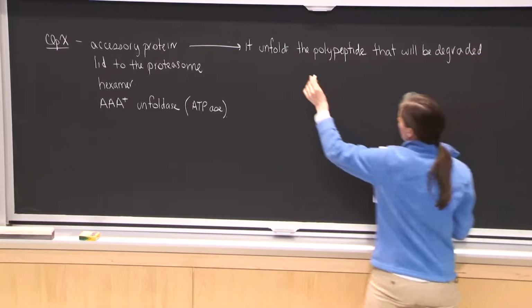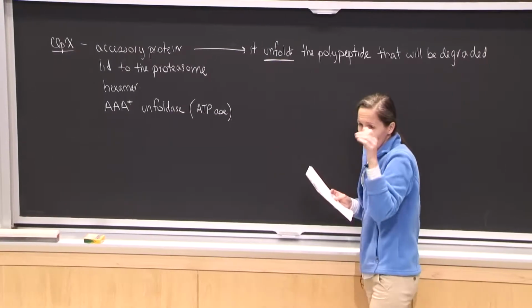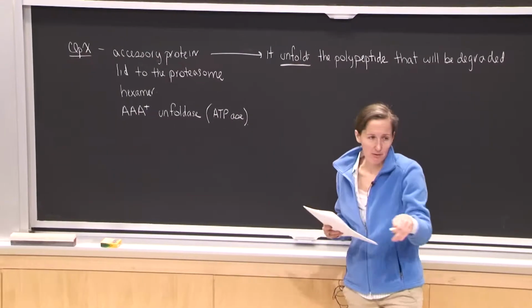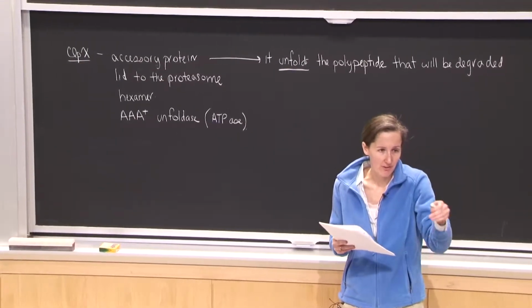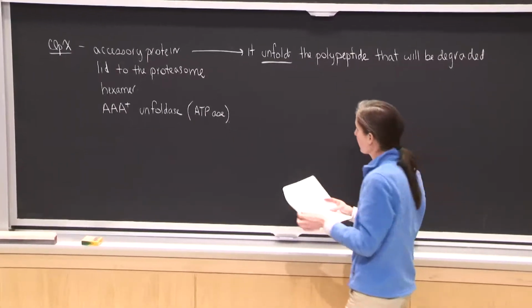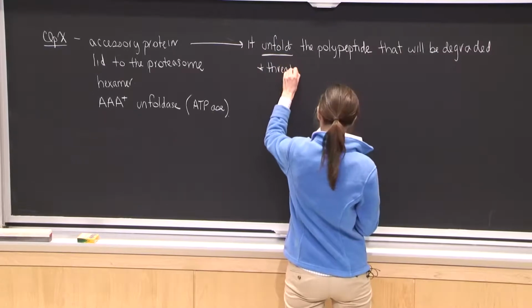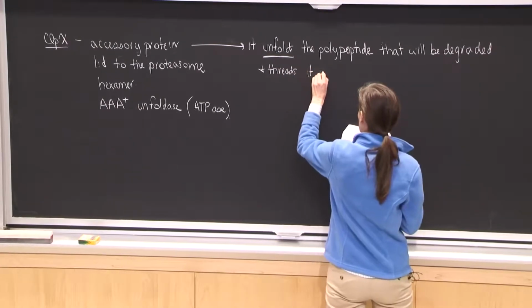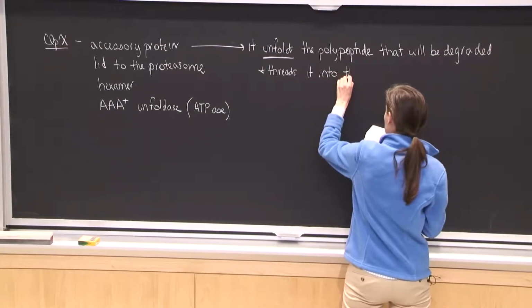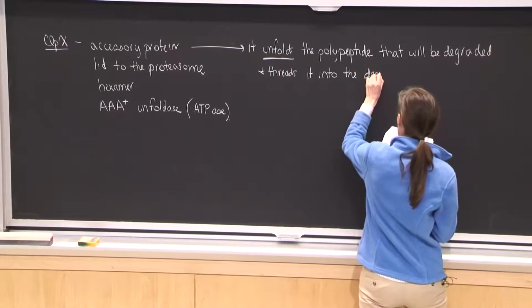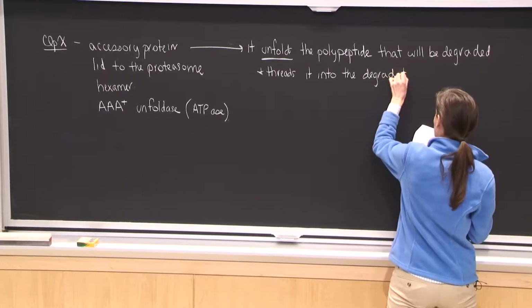In addition to unfolding, it also threads that polypeptide that's being unfolded in through the axial pores such that it can reach the degradation chamber, and threads it into the degradation chamber.